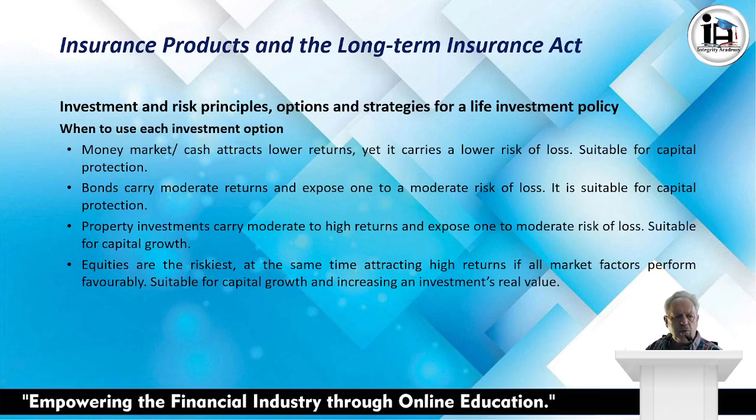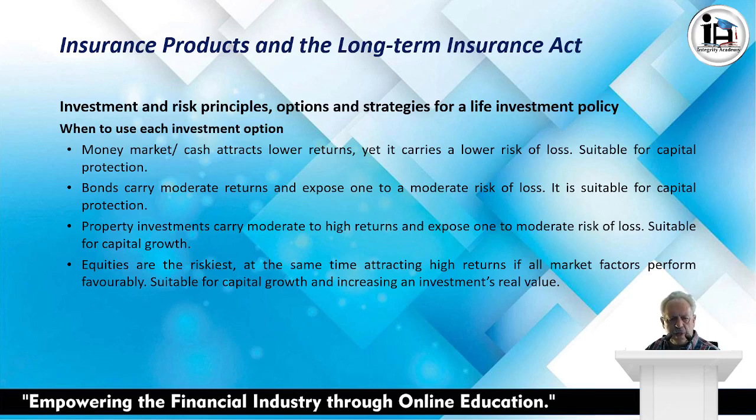Right, money market or cash attracts lower returns, yet it carries lower risk of loss, and it's suitable for capital protection. Bonds, on the other hand, carry a moderate return and expose one to moderate risk of loss. They are suitable for capital protection. Property investments also carry a moderate to high return, so you get a little bit better return on them, and expose one to moderate risk of loss.